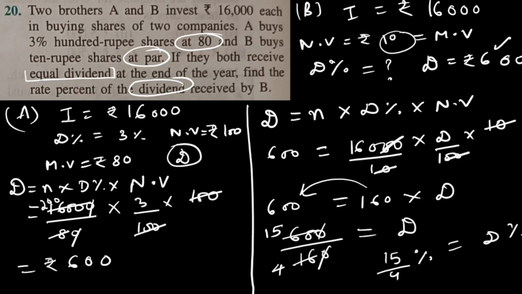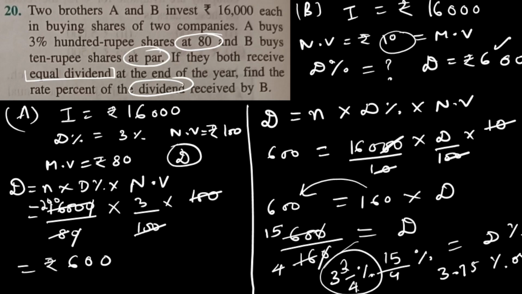In decimal, it will be 3.75%, or if you want to convert it into a mixed fraction, it will be 3 3/4. 3 into 4 is 12, 12 plus 3 is 15. So 3 3/4 in mixed fraction. So any way you can do.